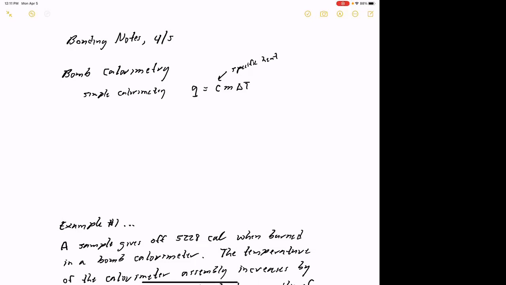So it's a property of the substance, and remember, that's in terms of joules per gram degree C. We can look up any substance like aluminum on the quiz, for example, and find a specific heat for that. We're used to using that equation in the context of normal or simple calorimetry, but if we're talking about bomb calorimetry, the equation changes just a little bit.